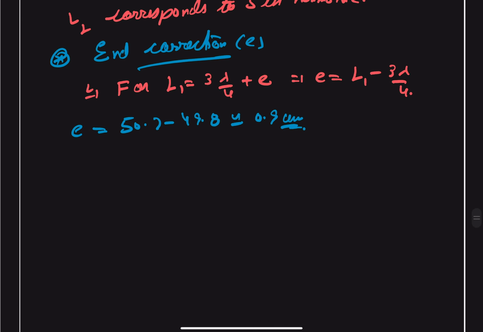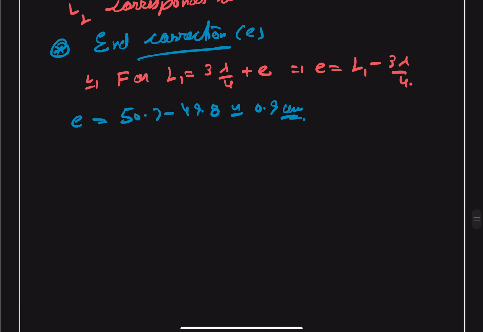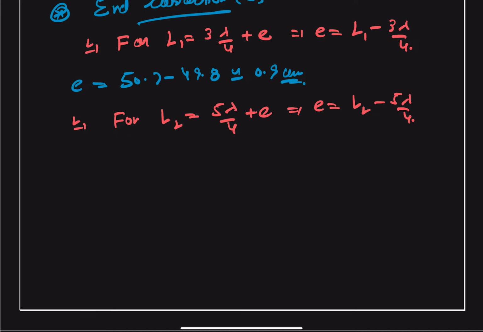Similarly, for L2, L2 equals 5 lambda by 4 plus E, so E equals L2 minus 5 lambda by 4, which is 83.9 minus 83.0, giving us 0.9 centimeters.